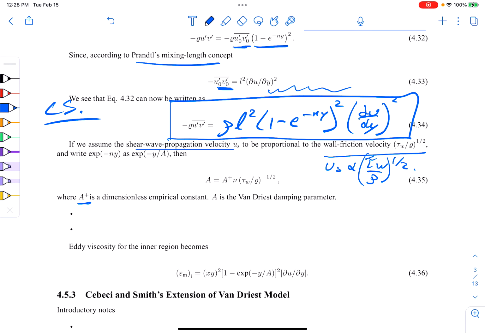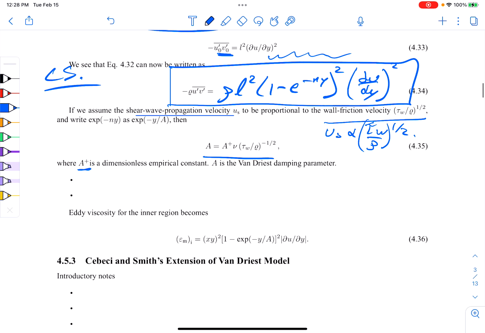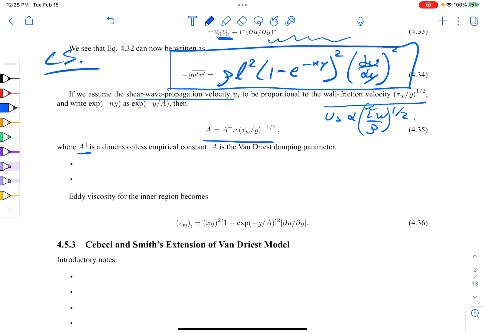Okay, then we modified the definition of A+, which we see in the inner region of the boundary layer, where the law of the wall applies, just outside the viscous sublayer, the mixing length L goes as kappa y still.